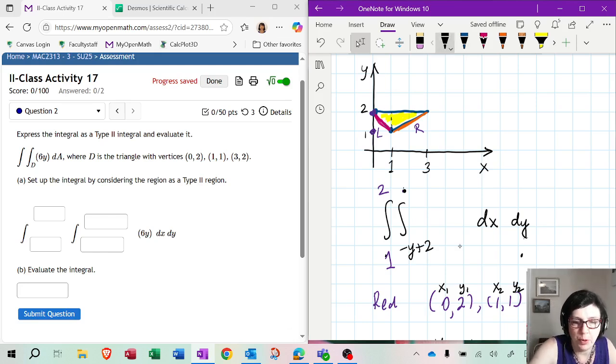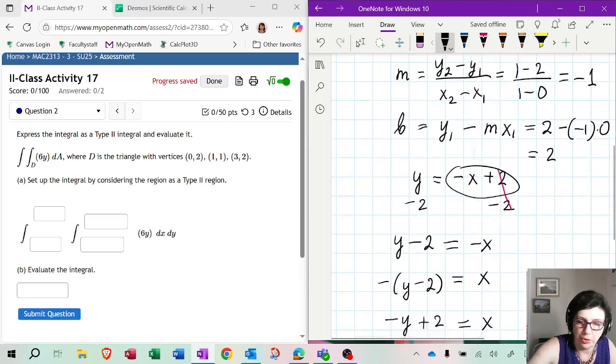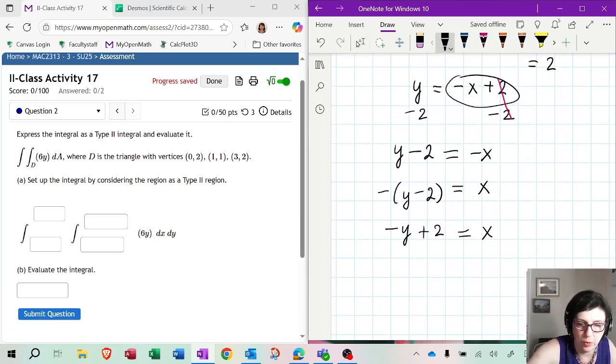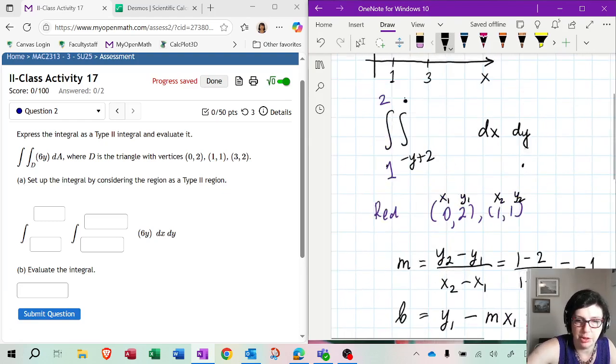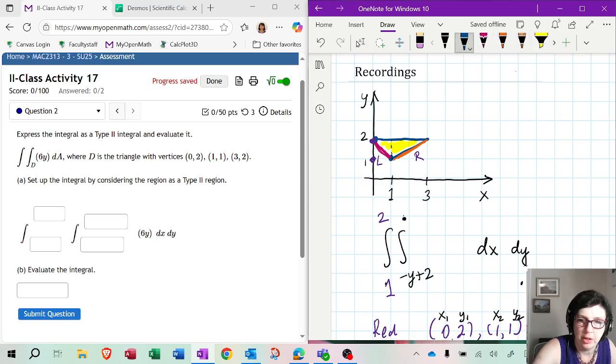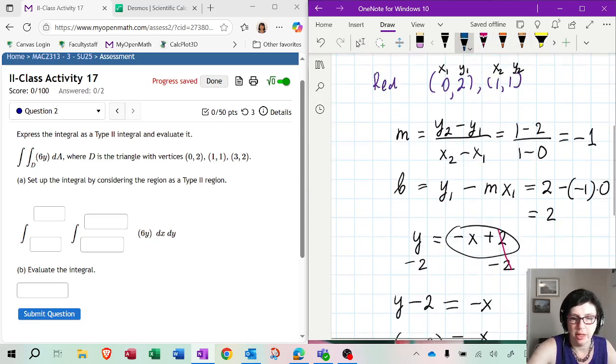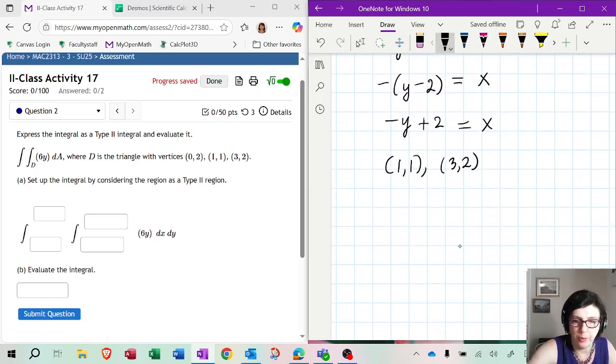Then what remains is to come up with the equation of the orange line, which is the right curve. That line goes through 1, 1 and 3, 2. Looking at the picture, this is 1, 1 right here, and then 3, 2 over here. Let's find the slope. This is x1, y1, this is x2, y2.